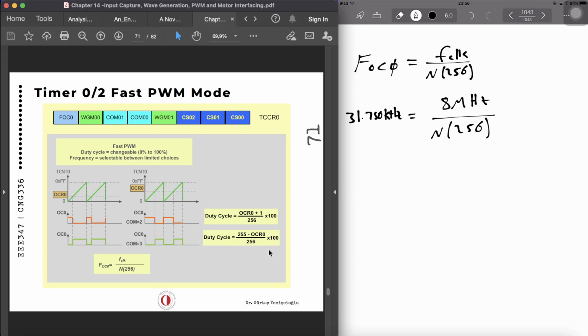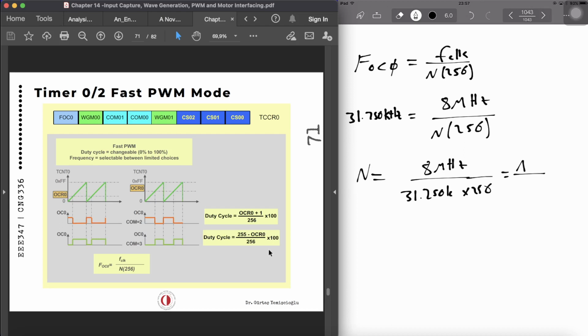So now we just need to rearrange to find the prescale value. N is going to be 8 megahertz divided by 31.250 K times 256. That would give us 1 as the prescaling value.